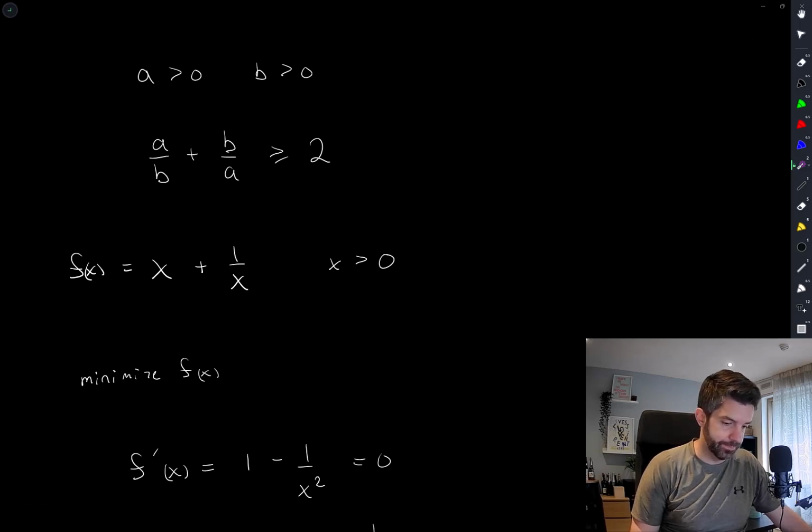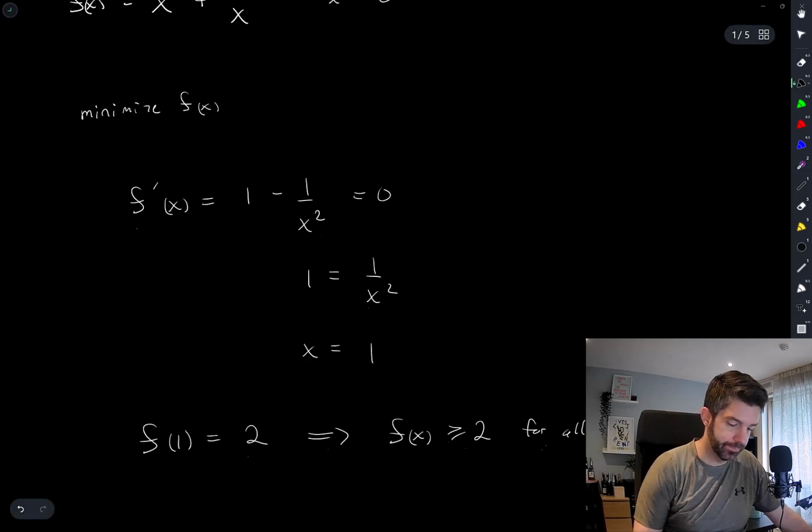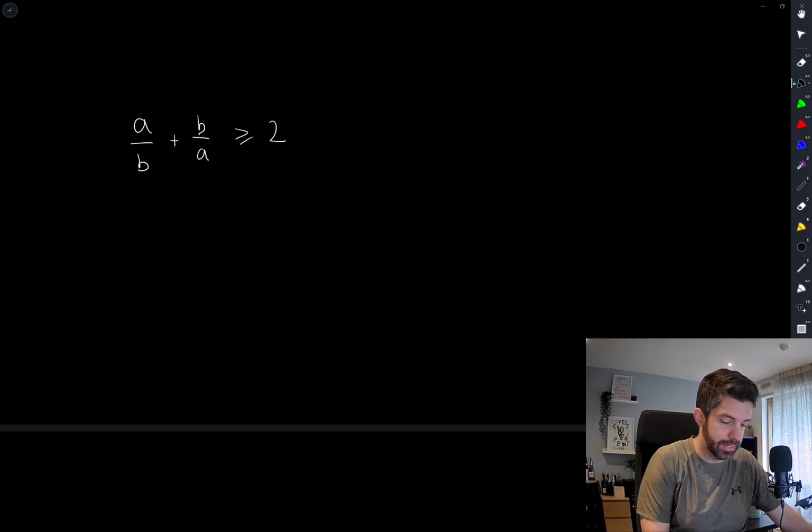In fact, that might even work. If I take a over b plus b over a greater than or equal to 2, and multiply through by ab, this gives me a squared plus b squared greater than or equal to 2ab.